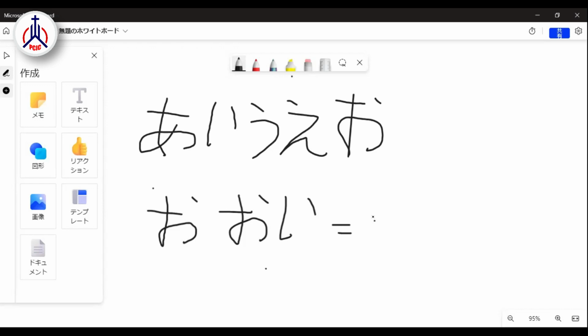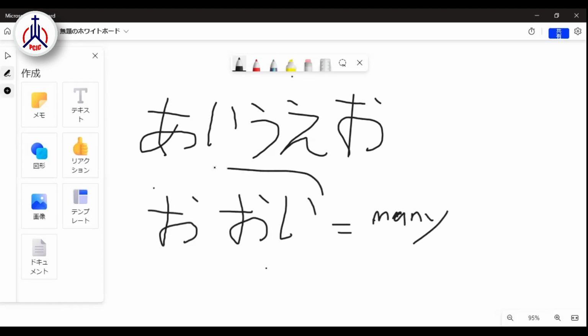This means many. For example, when I bought a lot of things, we use the word ooi, meaning a lot, or many things.